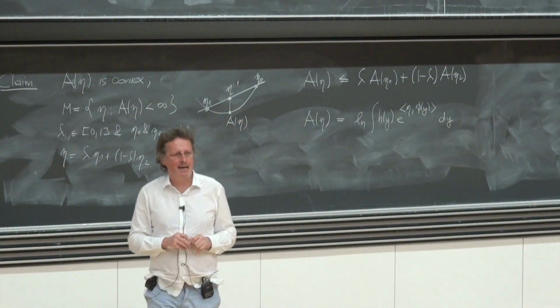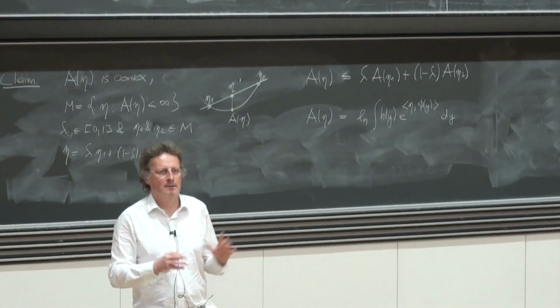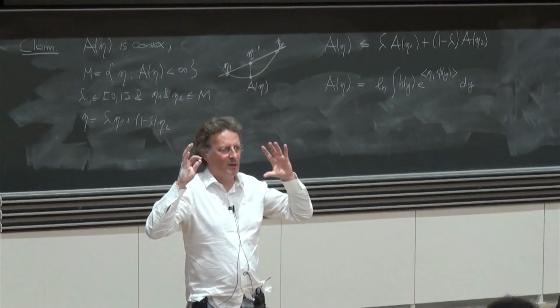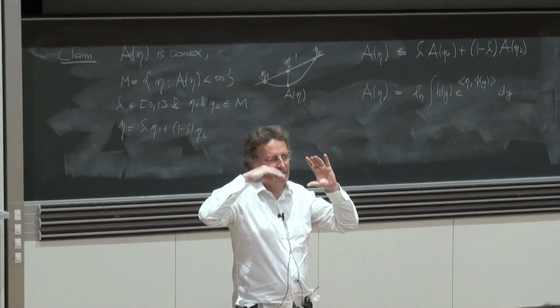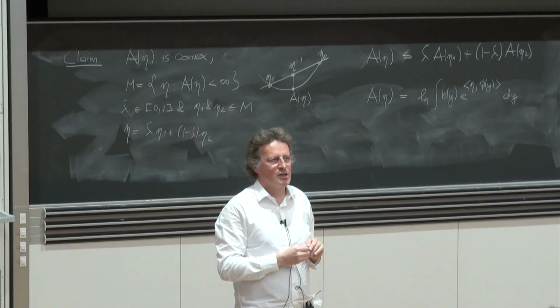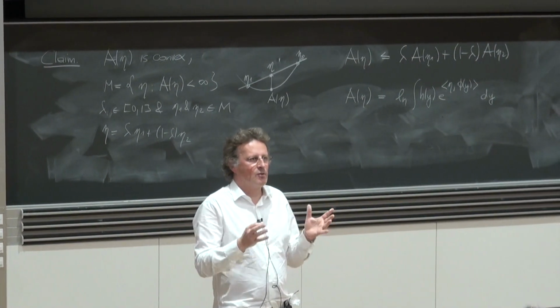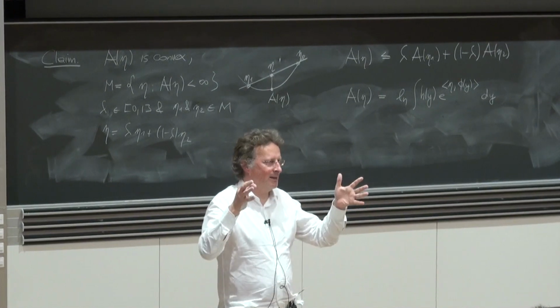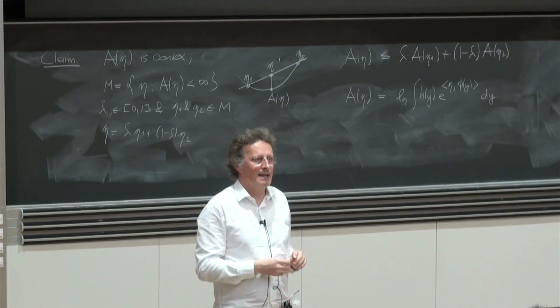Everyone clear why A is the log of this integral here? A is just the normalization constant, or rather e to the minus A is the normalization constant in here. So I first take the unnormalized quantity, I integrate it out, and I should divide by that.